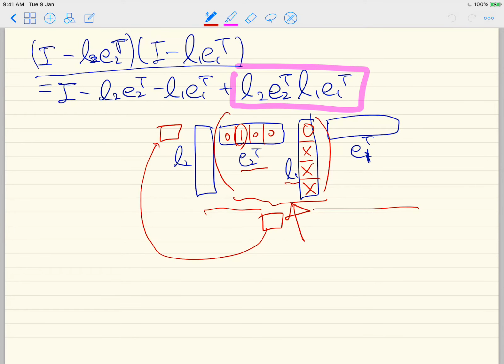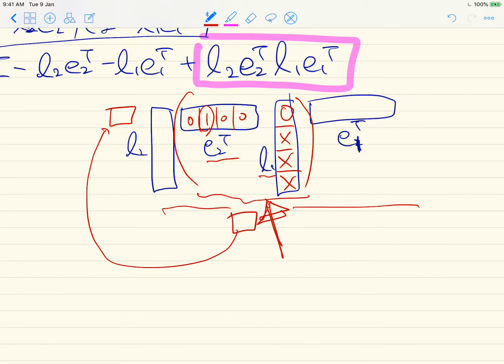Okay, so yeah, this guy doesn't create the 0. So the point is, between these two vectors, if the non-zero elements are not overlapping, then it will always lead us to the value of 0.